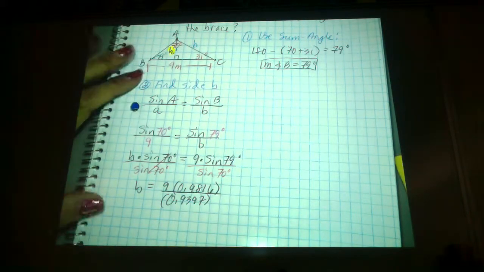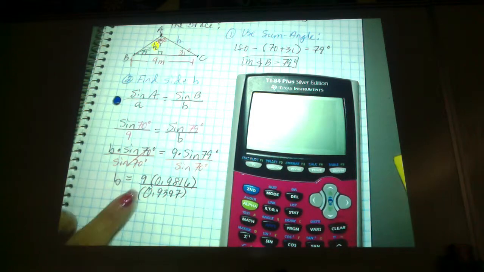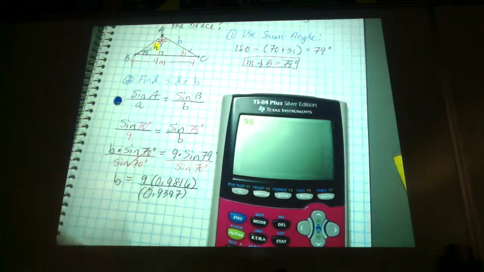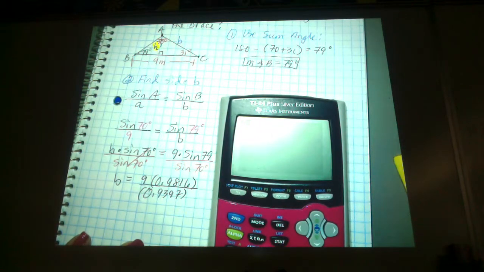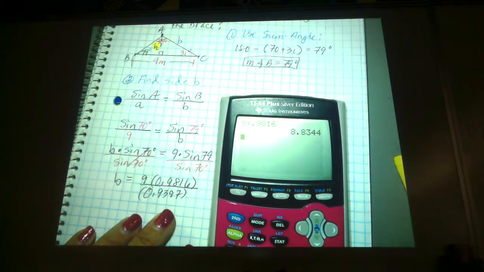So use your handy dandy calculator. I've got 9 times 0.9816. That equals, so then divide by 0.9397.